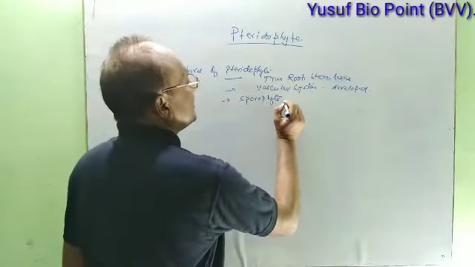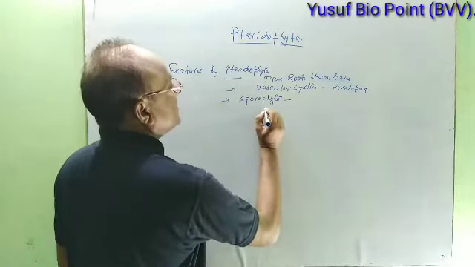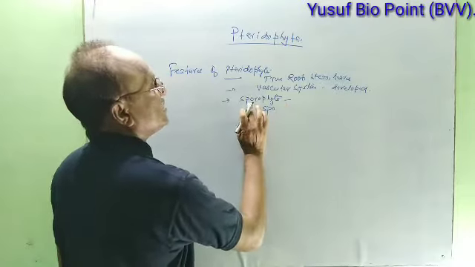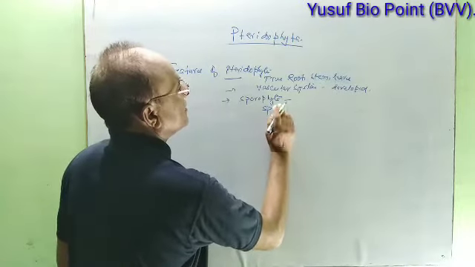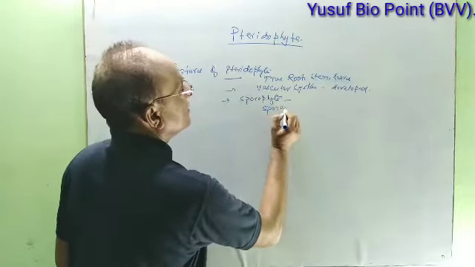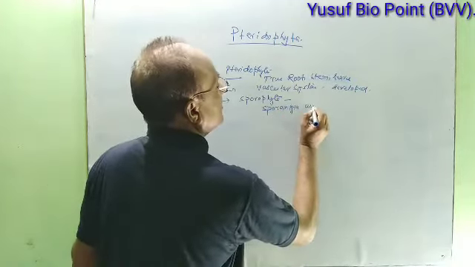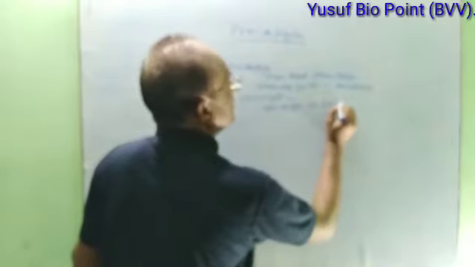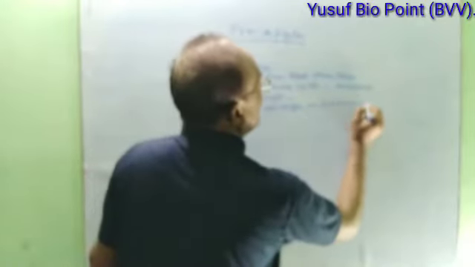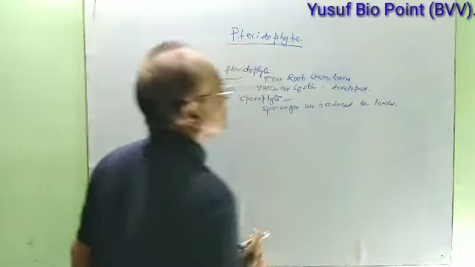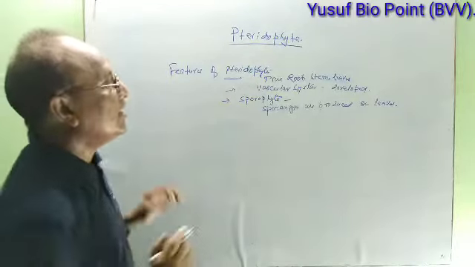This is the sporophyte. It is the plant which produces spores, and the sporangia are produced on the leaves.